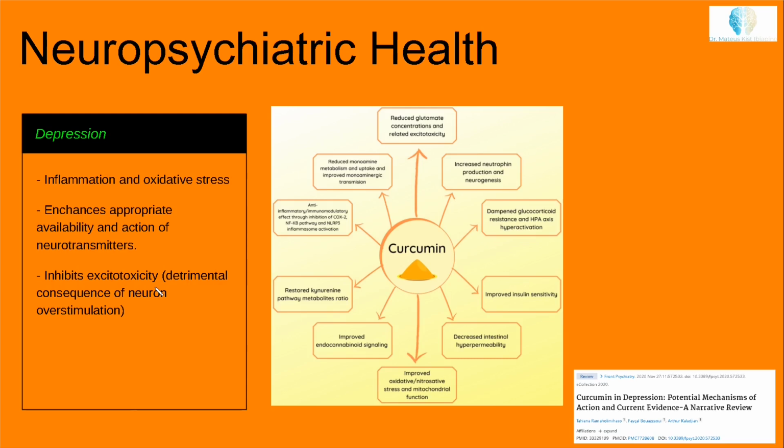Over time, it damages the neuron. We call this detrimental consequence of neuron overstimulation excitotoxicity. This is a process that is present in many different diseases, many neurodegenerative diseases, but also in depression and anxiety. And curcumin might have a beneficial effect on this.